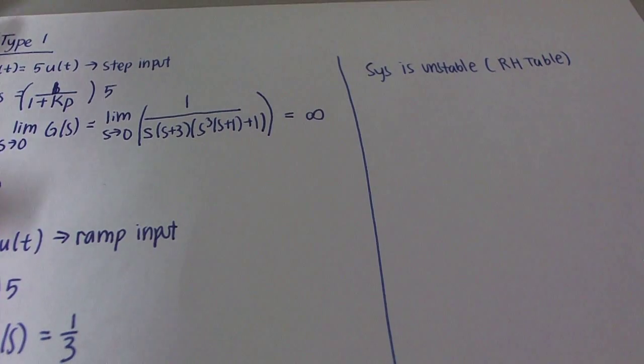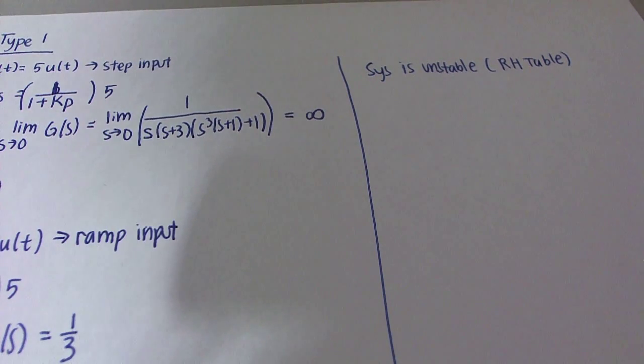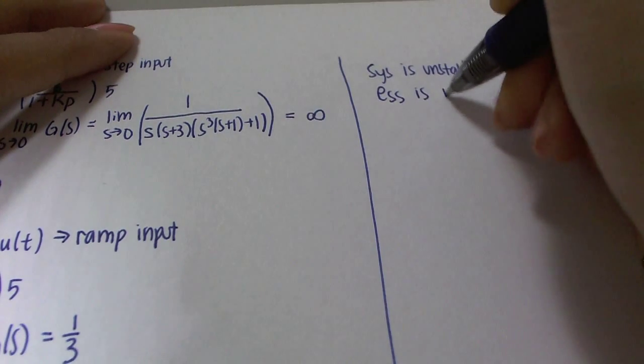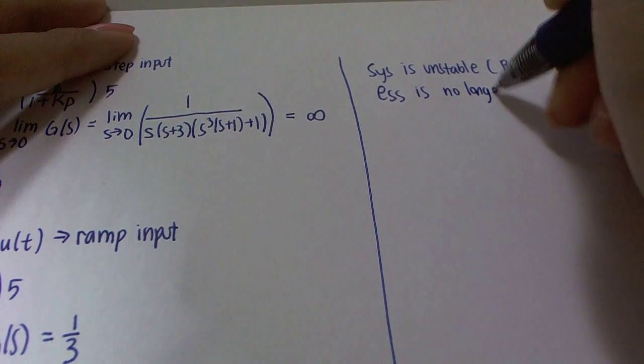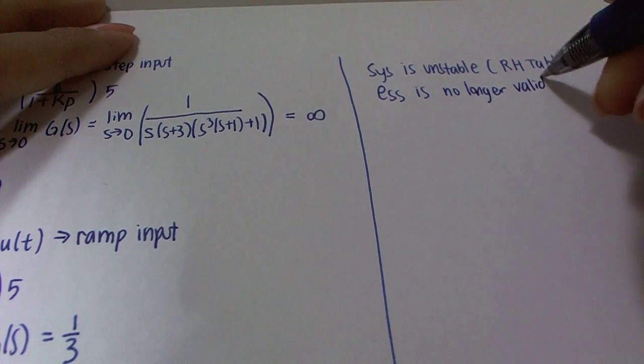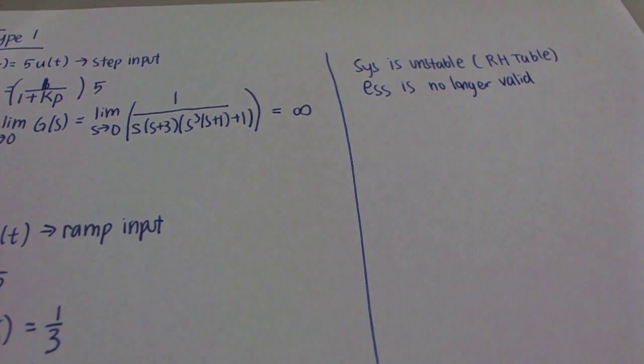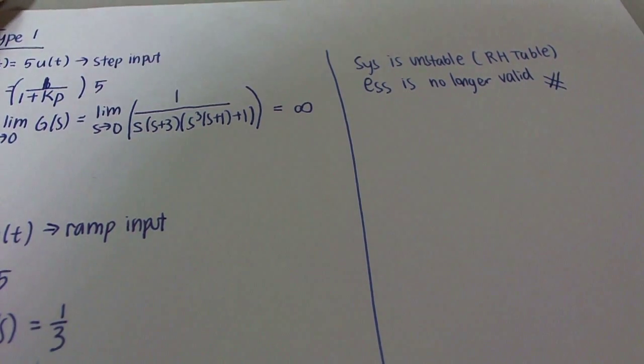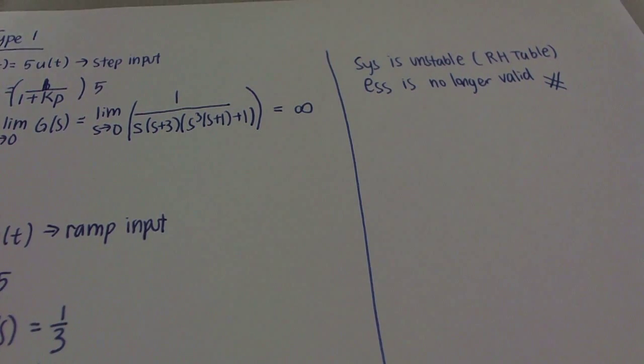And if a system is unstable, the steady state calculation is no longer valid because an unstable system does not have a steady state error. Instead, the final values of the response will go to infinity. So our steady state error calculation is in fact invalid.